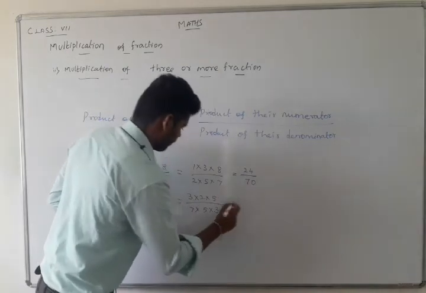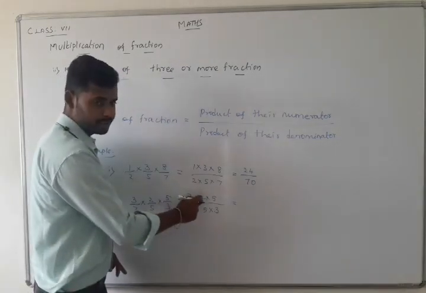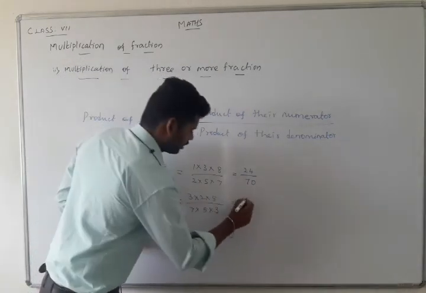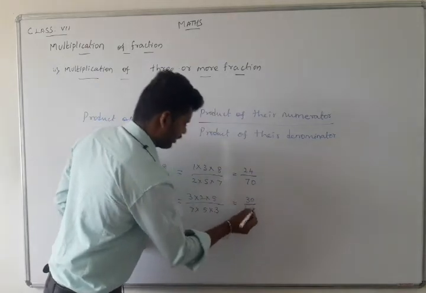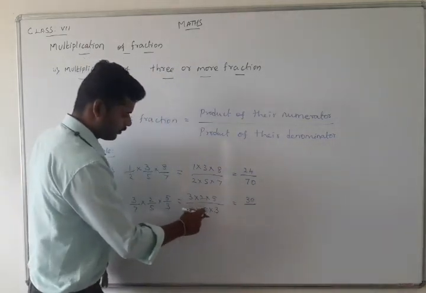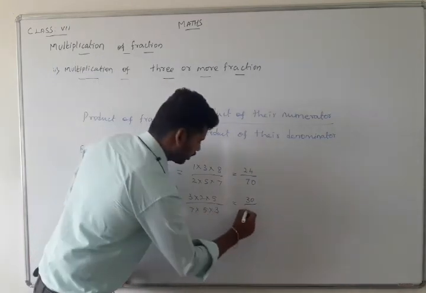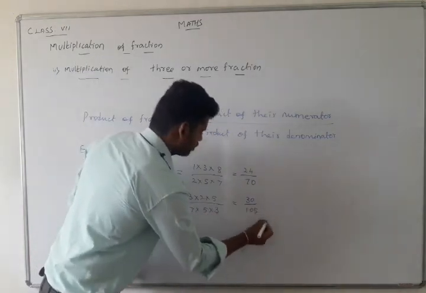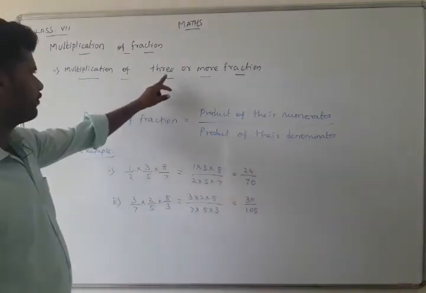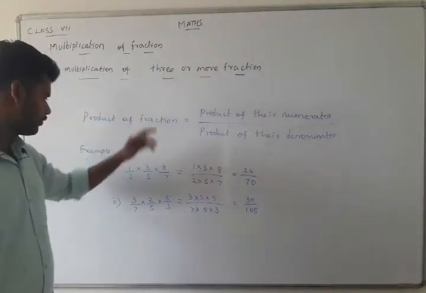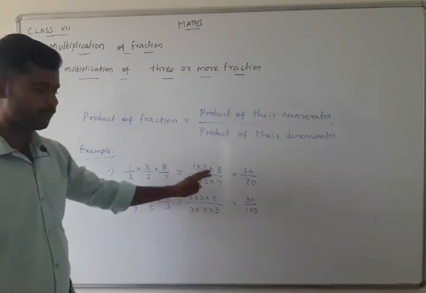This one multiply: 3 2s are 6. 6 5s are 30 divide 7 5s are 35. 35 3s are 105. So this is multiplication of 3 or more fractions. If 4 or 5 fractions come, the answer is found the same way.